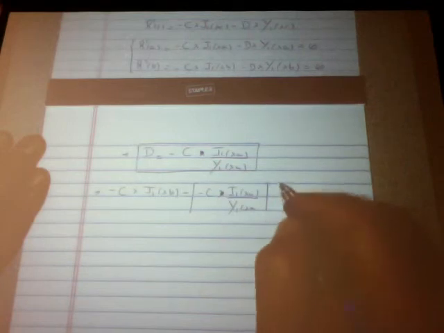This is times Y1 of lambda A times lambda Y1 of lambda B is equal to 0.